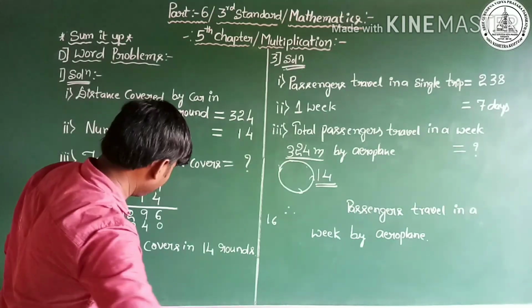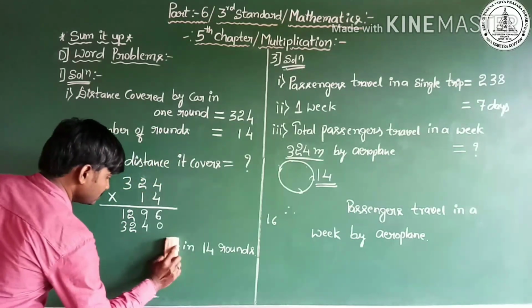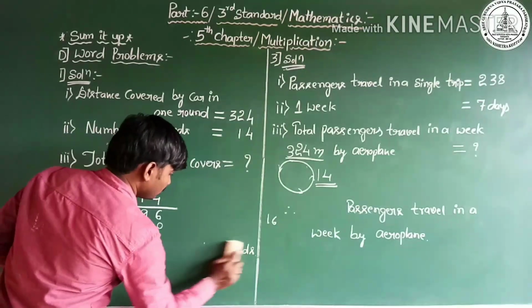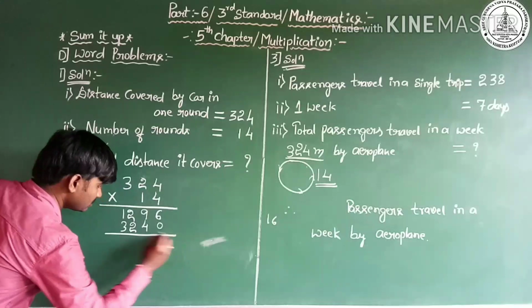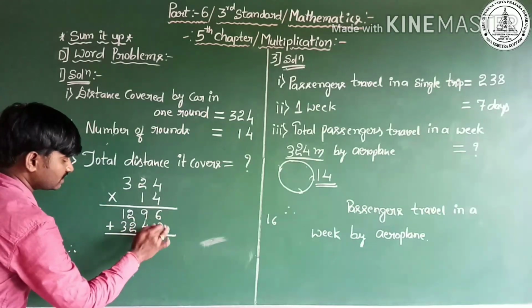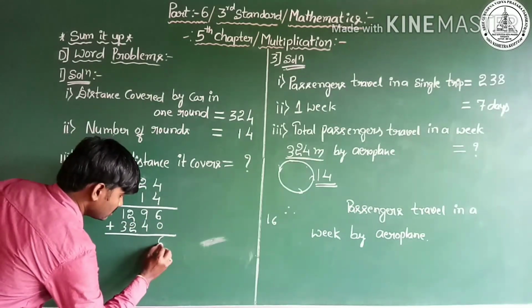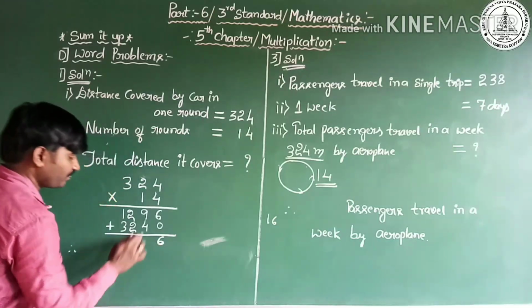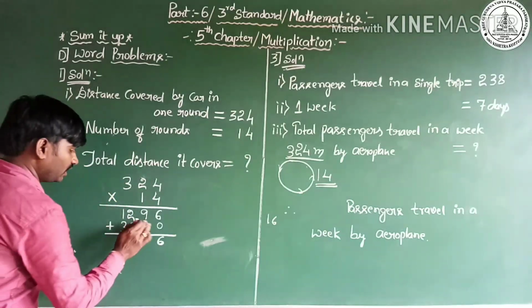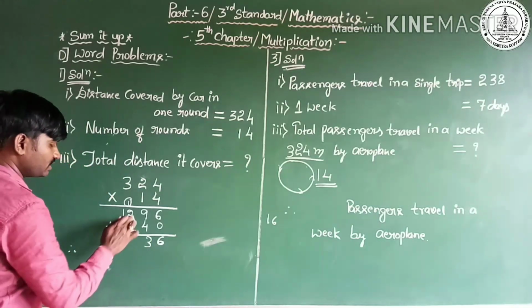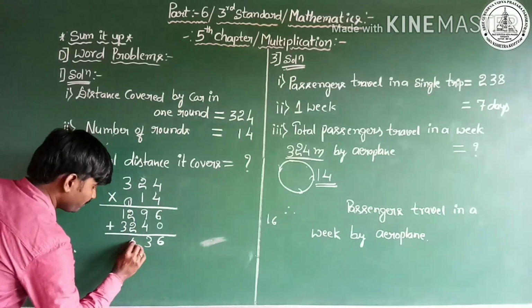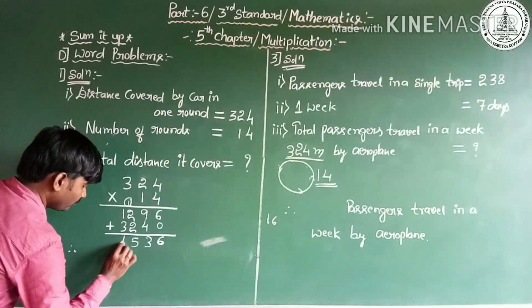Okay, dear student, now you add these two numbers. 6 plus 0 is 6, 9 plus 4 is 13, 1 is carry over, 3 is here. The next 2 plus 2 is 4, 4 plus 1 is 5, 3 plus 1 is 4.